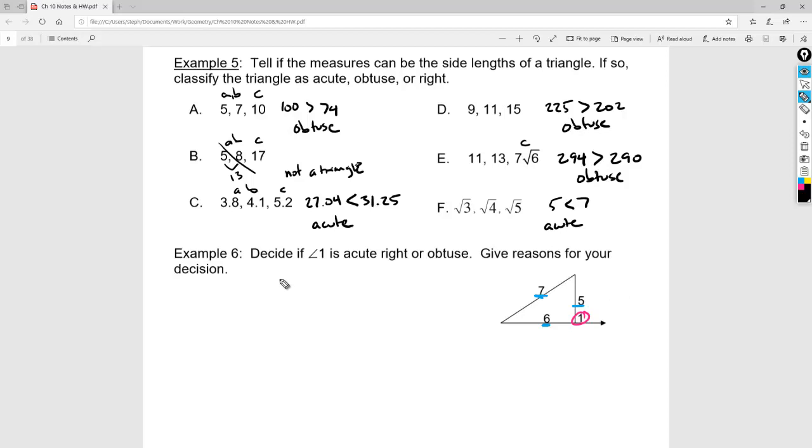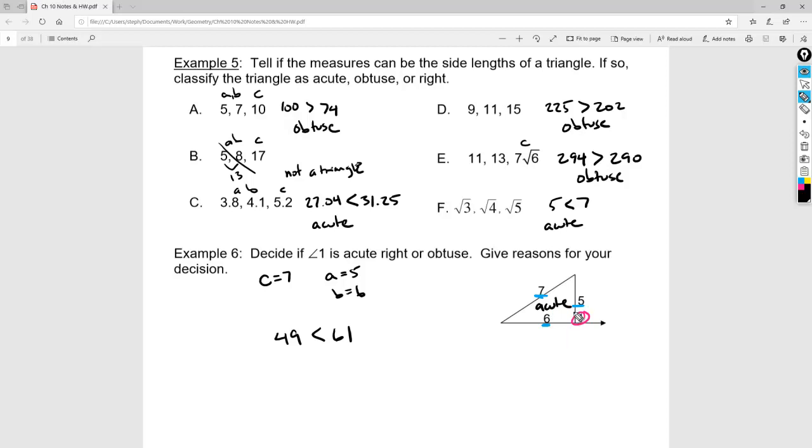So I'm comparing my hypotenuse, which is 7, to my a and b values, which are 5 and 6. So 7 squared is 49. Comparing those to 25 plus 36, which is going to be 61. So obviously 61 is going to be greater, meaning that this is an acute triangle.